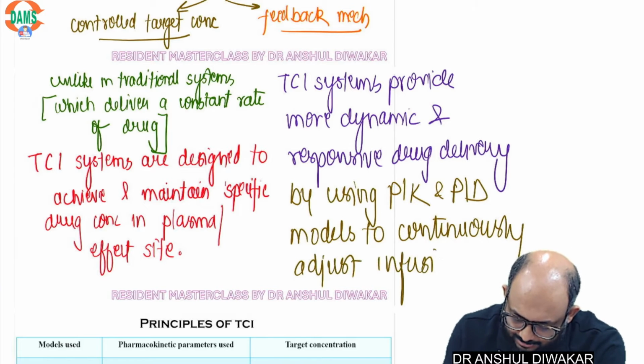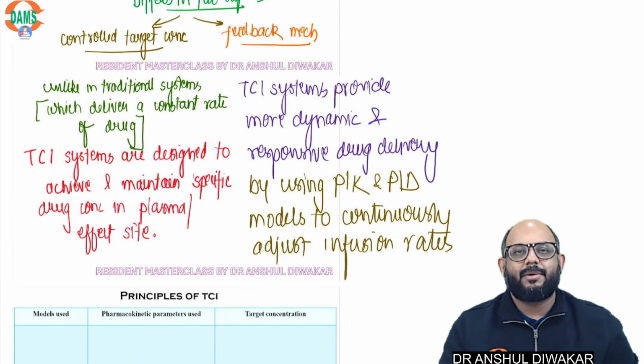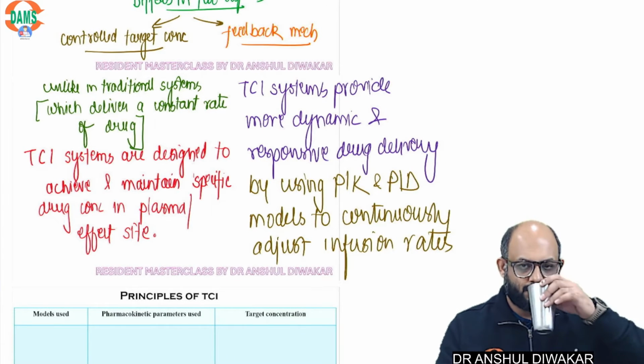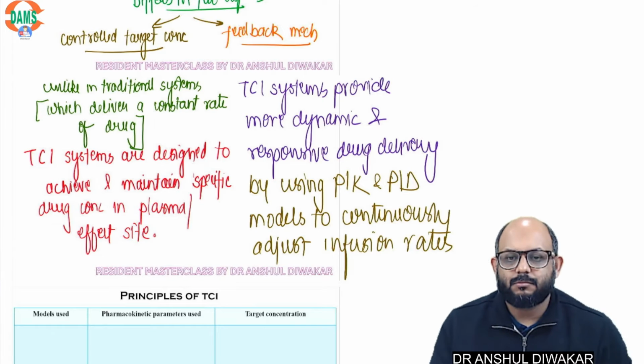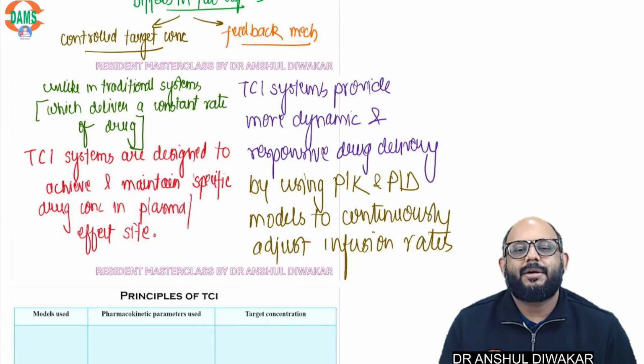So it is very dynamic. It is not fixed. It is dynamic. It keeps on changing. है ना? That is the difference between TCI and TIVA.